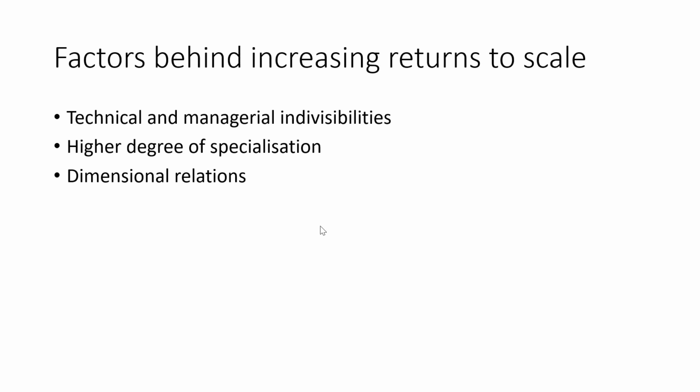Under the dimensional relations, increasing returns to scale is a matter of dimensional improvement. For example, when you look at the length and width of a room and double them, you find that the area is more than doubled. If you have 15 centimeters by 10 centimeters, you will have 150 as your area.